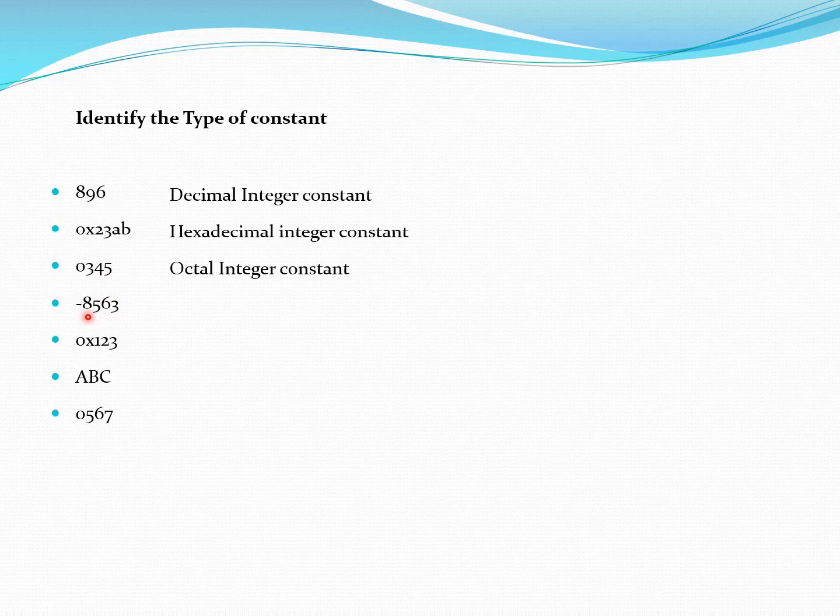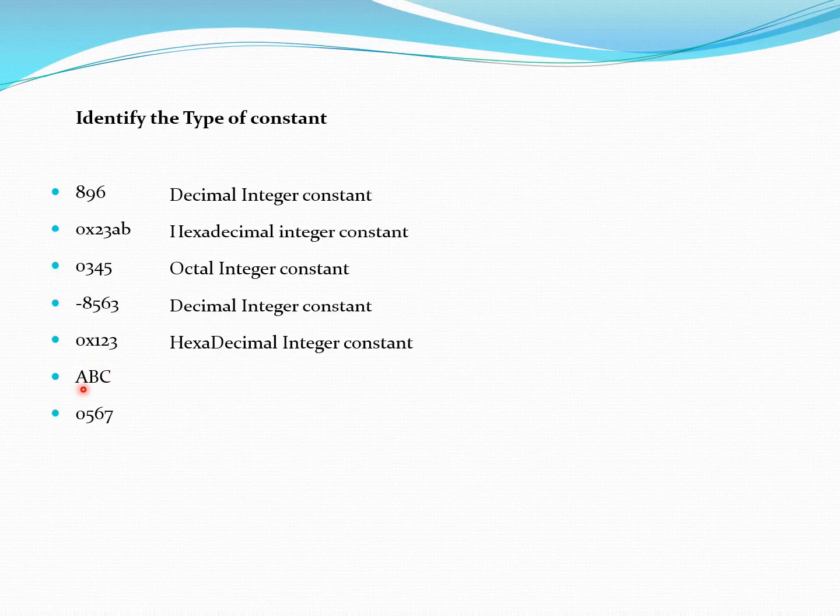Then the next number is minus 8563. Of course this is a decimal integer constant. Then the number 0x123. It is preceded with 0x, so it is a hexadecimal integer constant.